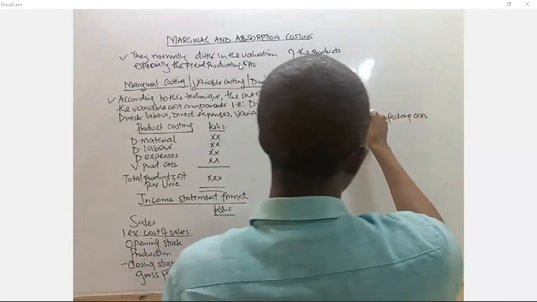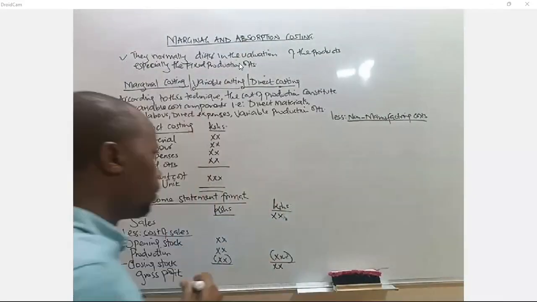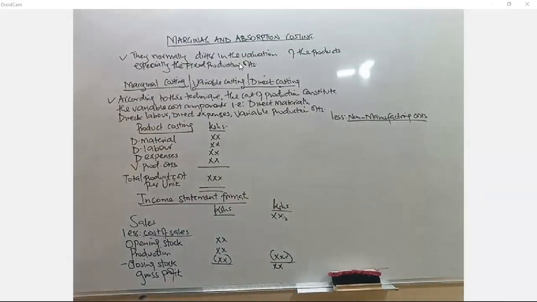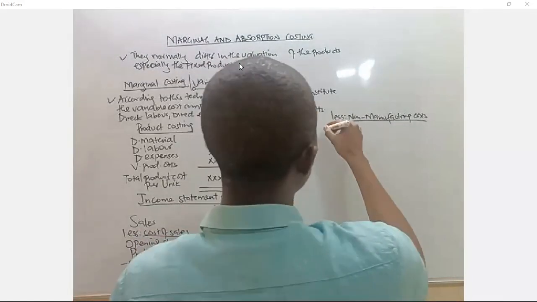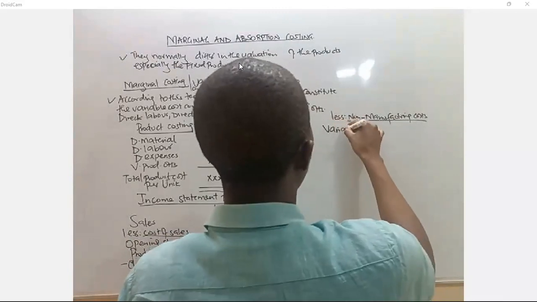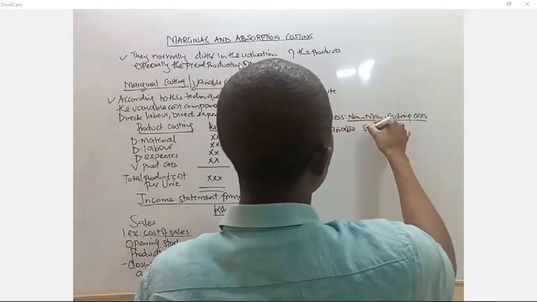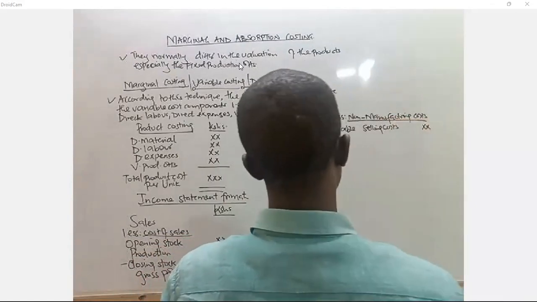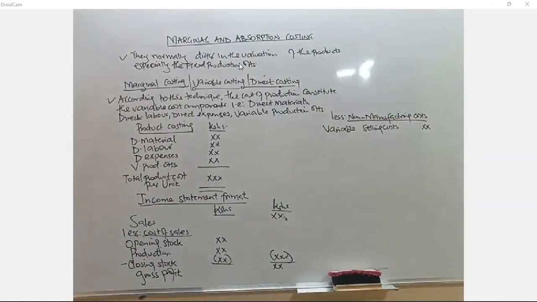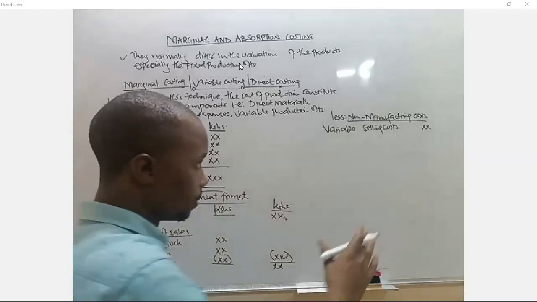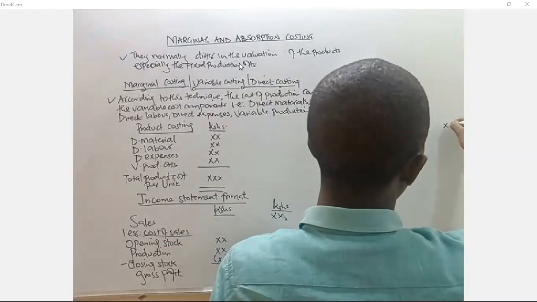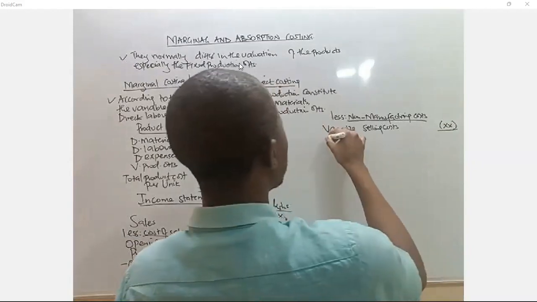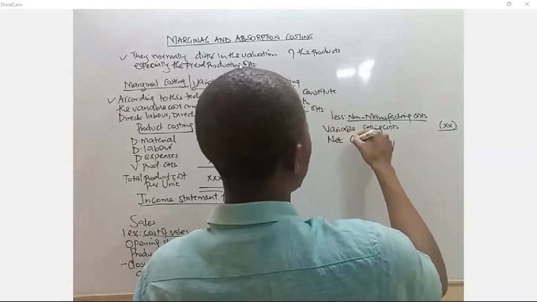Here we factor in variable selling costs, which you put there, and because we are subtracting, we get our net contribution.